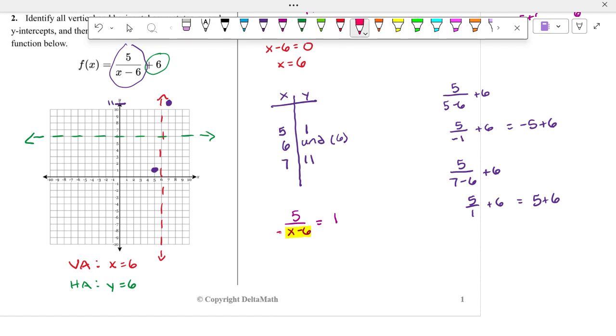So I need that equal to 5. So what x value, if I subtract 6 from it, would give me 5? 11. So that'll be one of my x values. If I double check myself, that'll be 5 over 11 minus 6, which is 5 over 5, which is 1. And then I just have to add the 6 to get my y, which is what? 7. So when x is 11, y is 7. So right here.